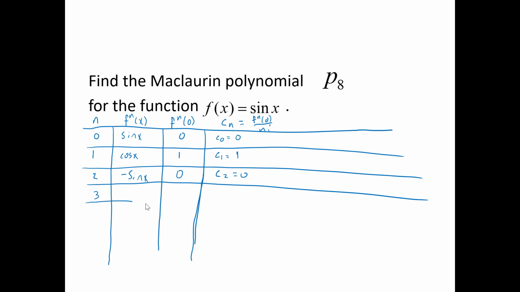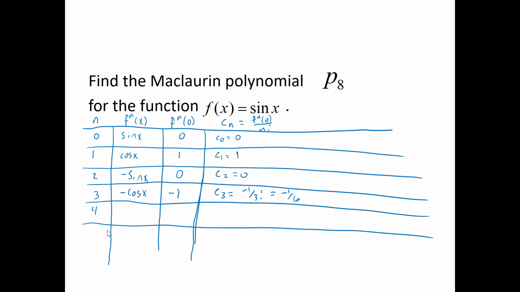When n is 3, the derivative of the negative sine is the negative cosine. Evaluate that at 0, and you get negative 1. So then C3 will be negative 1 divided by 3 factorial, negative 1/6.